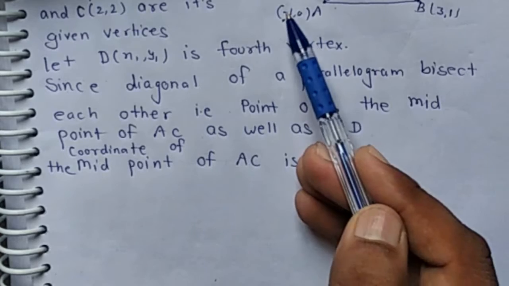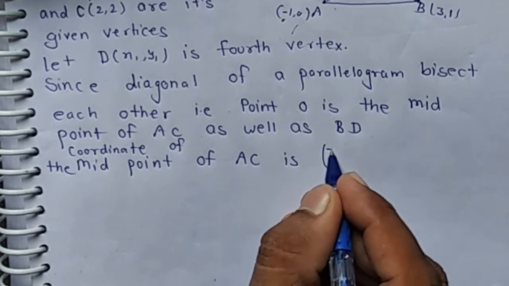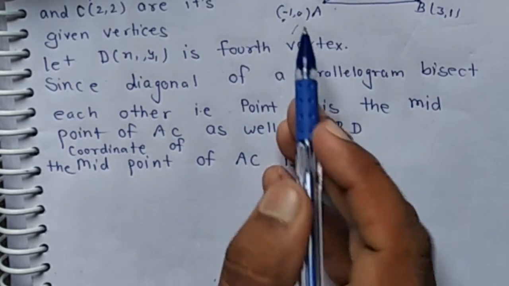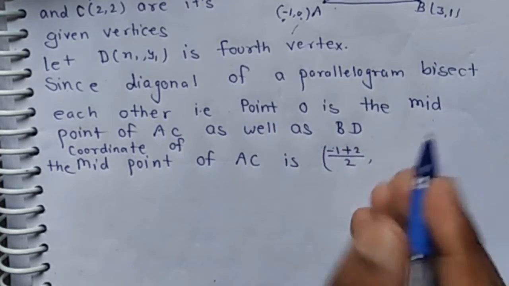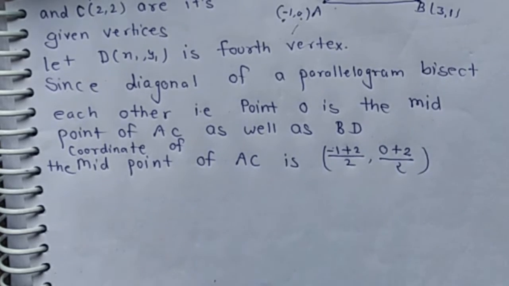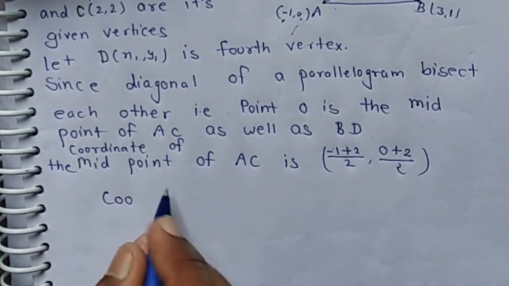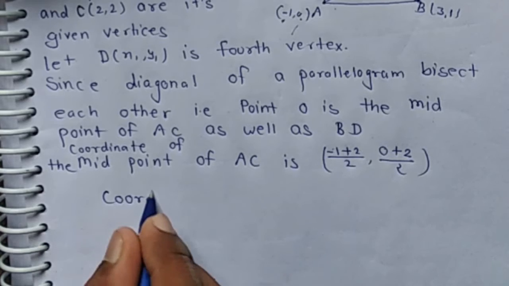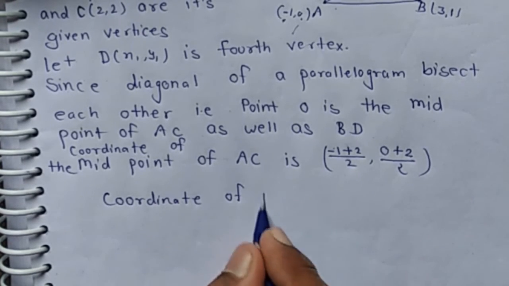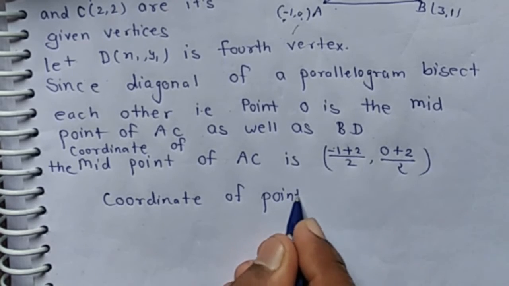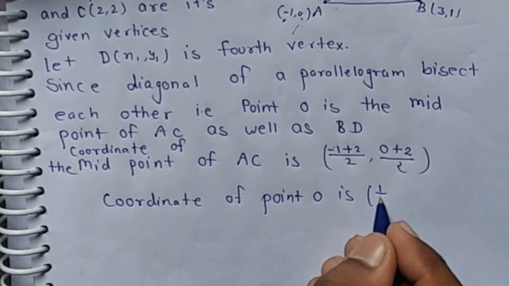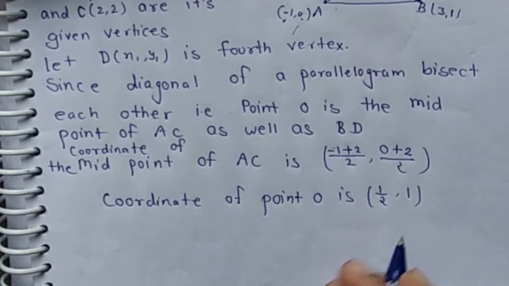Midpoint of AC is -1 plus 2 by 2, y1 plus y2 means 0 plus 2 by 2. It means coordinate of point O is 1 by 2, 1.